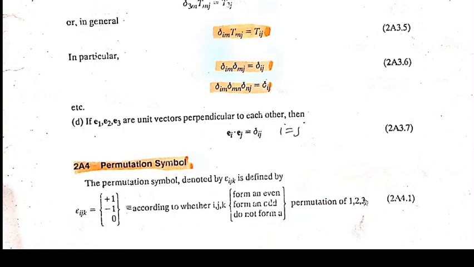I will tell on the next page what this even and odd mean. And 0 when they don't form a permutation. So, even permutation of 1, 2, 3 gives plus 1, odd permutation gives minus 1, and when we don't have a permutation, we will have 0.